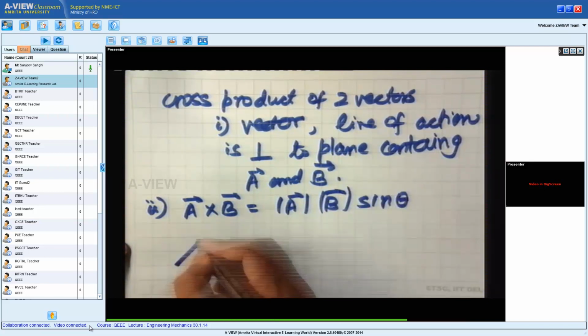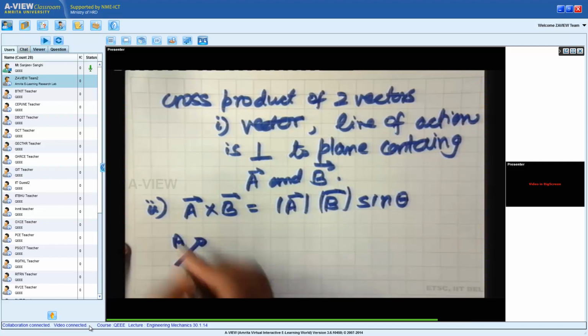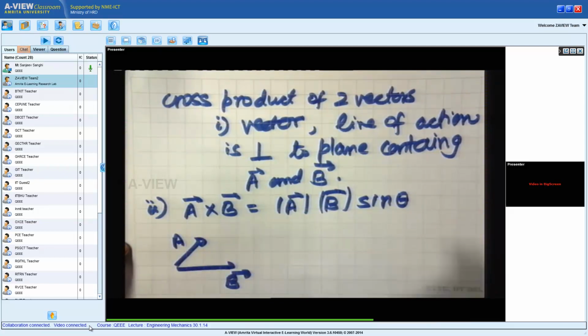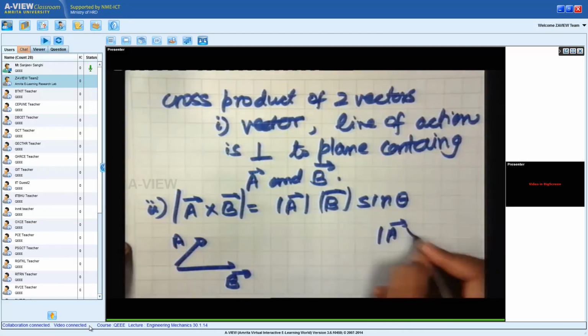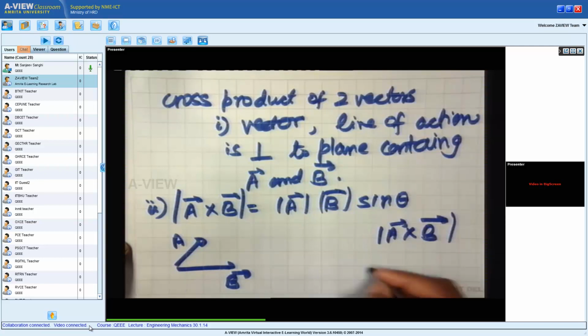You will also realize that if this is vector A, and this is vector B, then the magnitude of A and A cross B, this is nothing but the parallelogram.